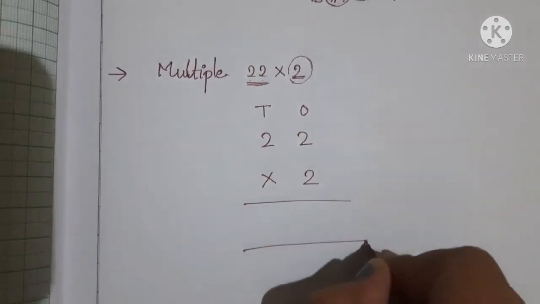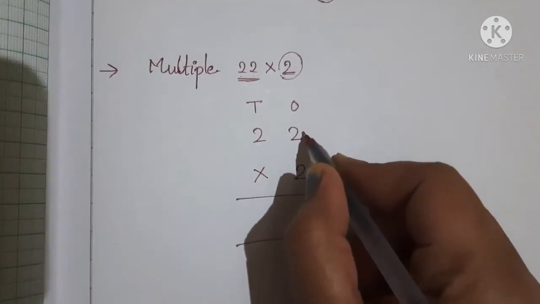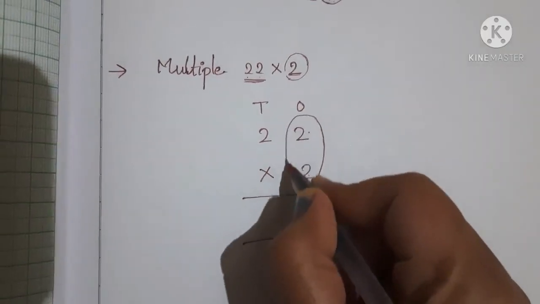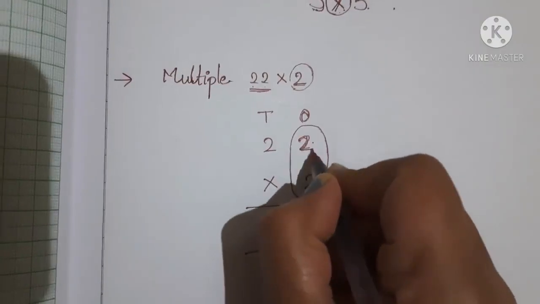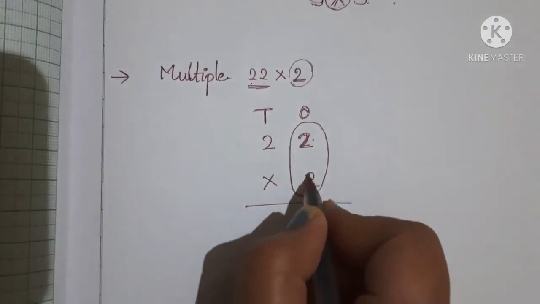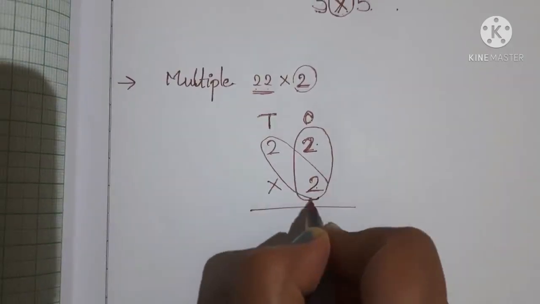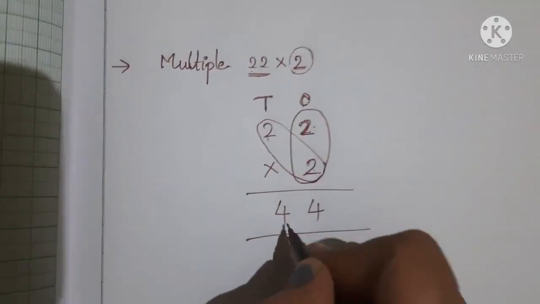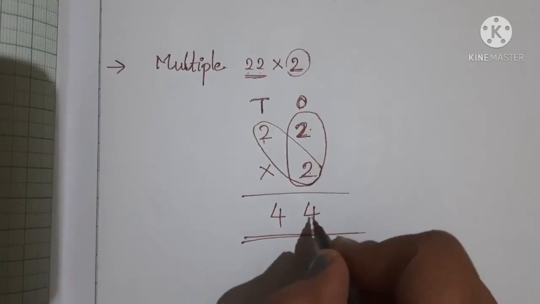Now we are going to do multiplication here. 2 times 2. What is 2 times 2? 4. First, we have multiplied the number which is under ones. Now, let us multiply the number which is under tens. That is 2 multiplied by 2. What is 2 multiplied by 2? 4. So, the answer is 44.